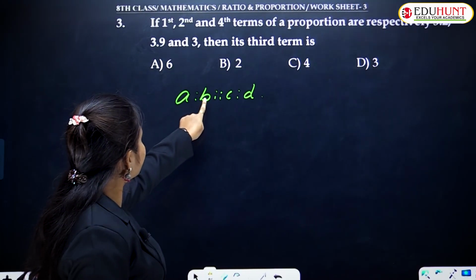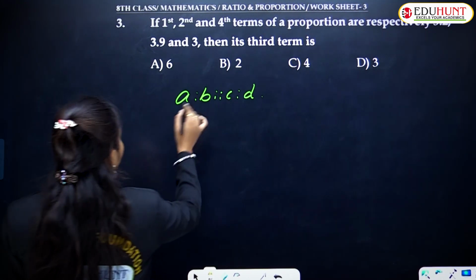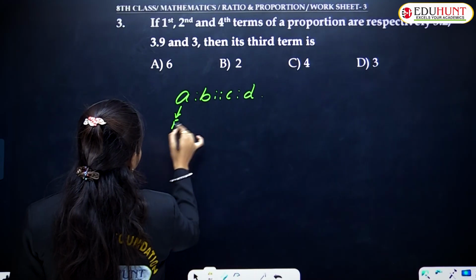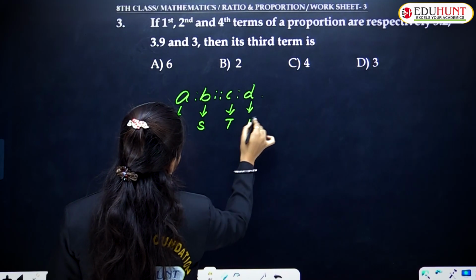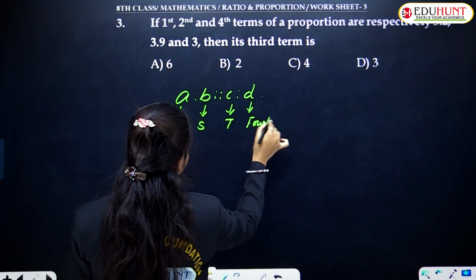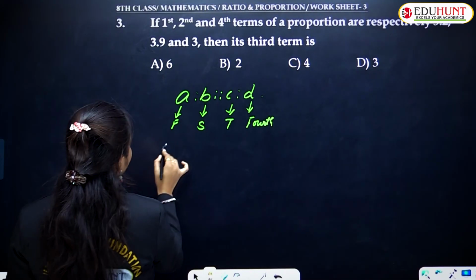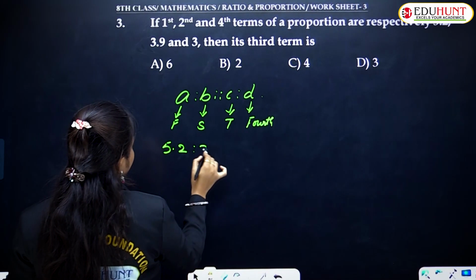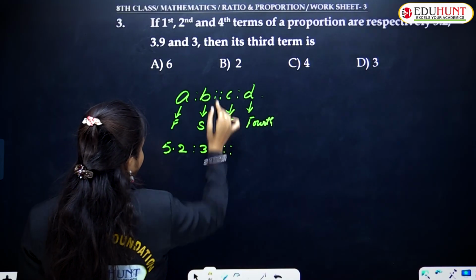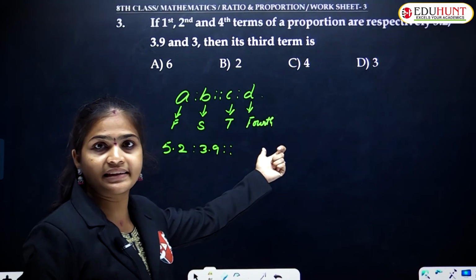First term, second term, third term, fourth term. Clear? So here this is the first term, and this is second term, third term, fourth term.